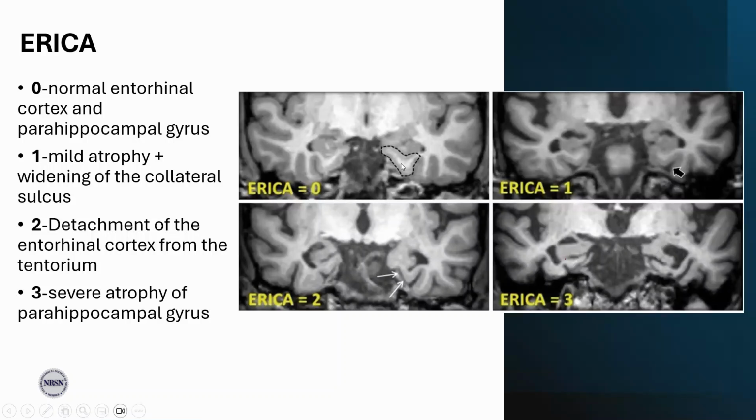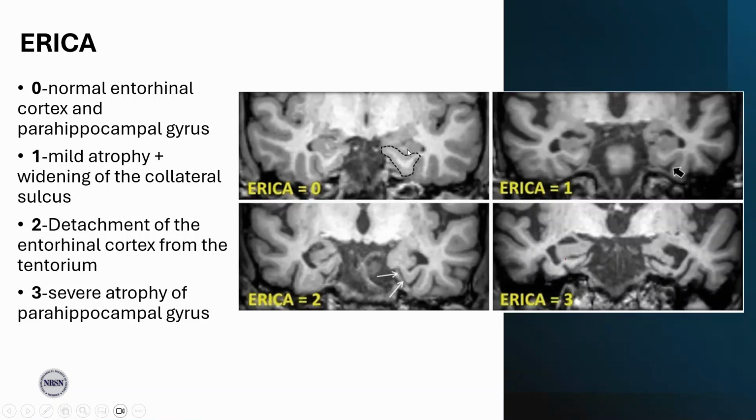And now this area that is dotted here on this coronal cone down T1 weighted magnetic resonance image of the brain, the dotted image here is the entorhinal cortex. So it involves the parahippocampal gyrus and the collateral sulcus as well. Now, an ERICA score of 1 just shows that there is no atrophy really of the entorhinal cortex.